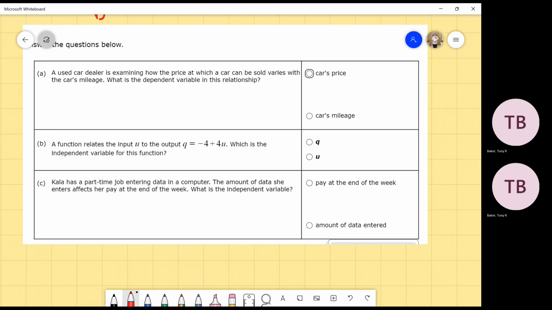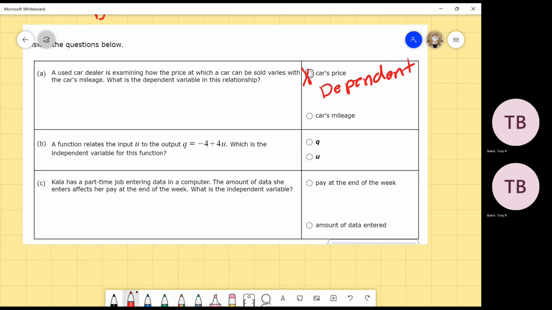They know the car's mileage when it comes in, and they price the car according to the mileage. So the price is dependent on the mileage. In this case, my price is my dependent variable.